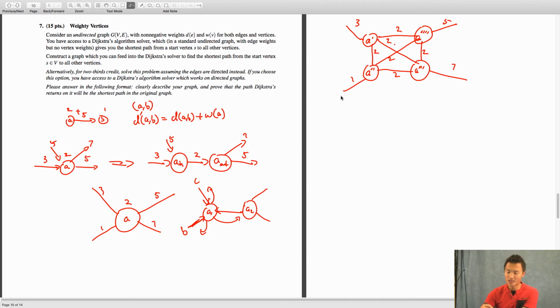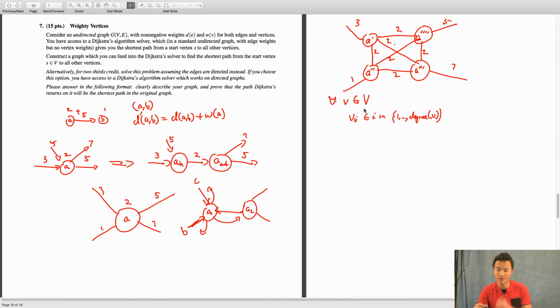So let's generalize it. Let's formulate this. For every vertex V, I'm going to make vertices Vi for i in 1, 2, up to degree of V, right?